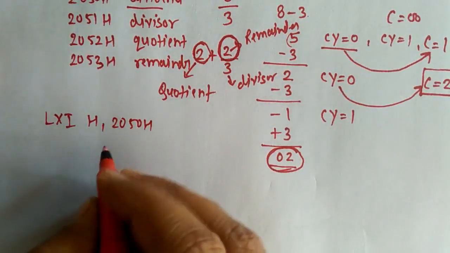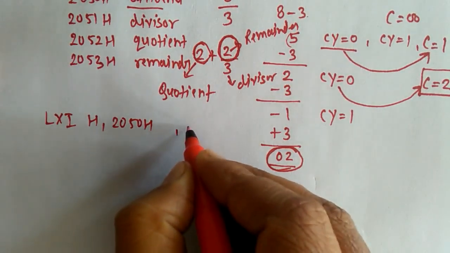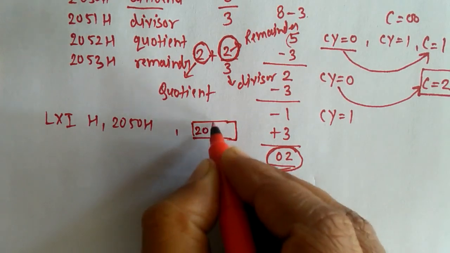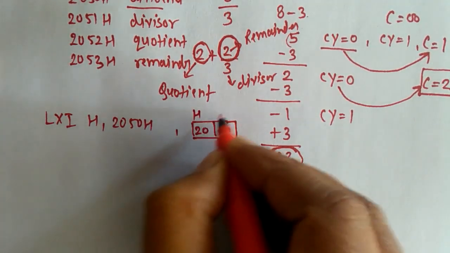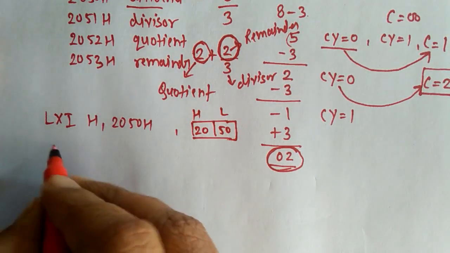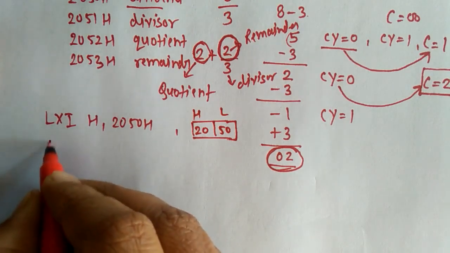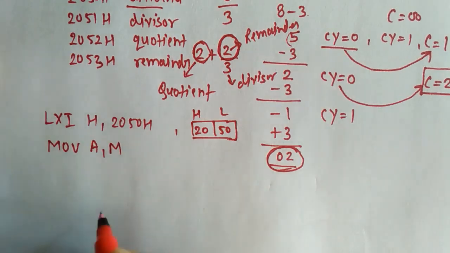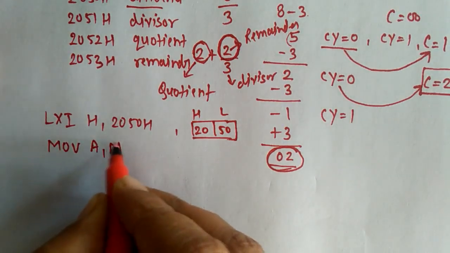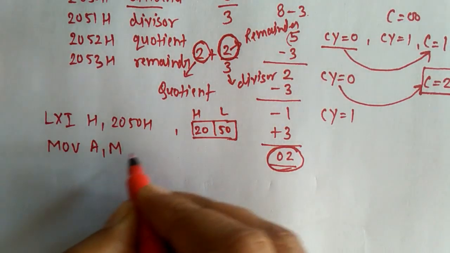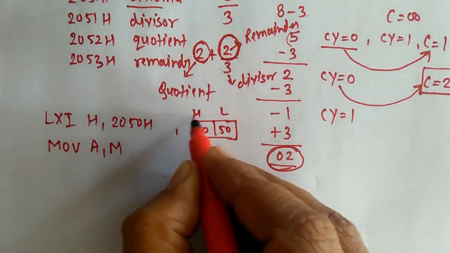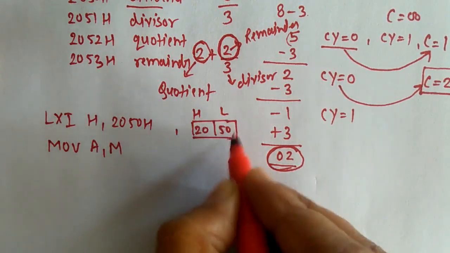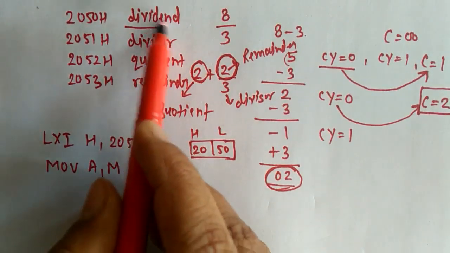By writing this, we are putting the 2050 hexadecimal value in register pair H and L. After that we are going to store the dividend in the accumulator. So we write MOV A, M. This instruction means the content of memory, and remember that the memory address is given in the HL register pair. So that means the content from 2050H, that means the dividend.